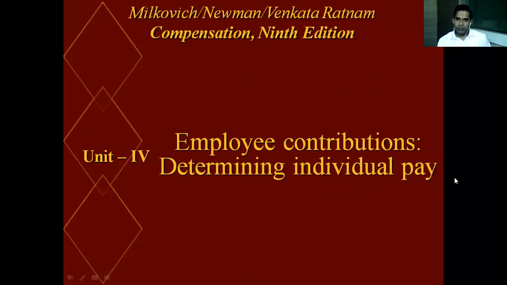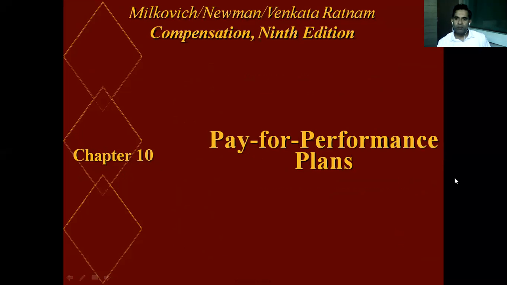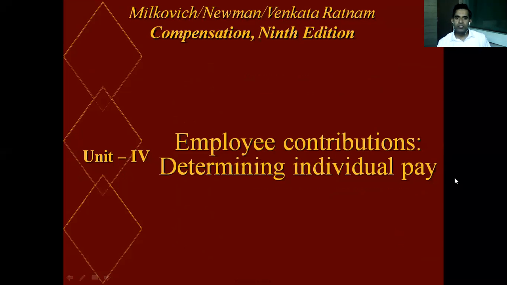Okay, students, we have come to the last part of this chapter: pay for performance plans, which is part of unit 4, employee contributions. Employee contributions is one among the 4 policy choices in the pay model, and we are learning determining individual pay.